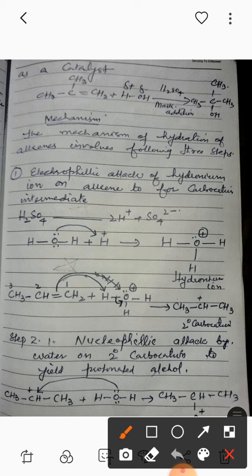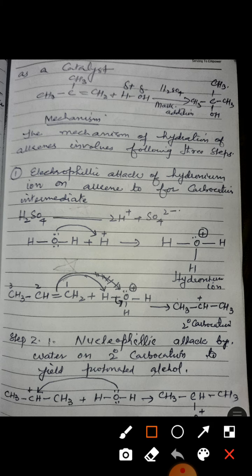First of all, this is our sulfuric acid. It gives 2 H positive ions and SO4 2 negative ions. This H positive ion later on reacts with water to form this hydronium ion.